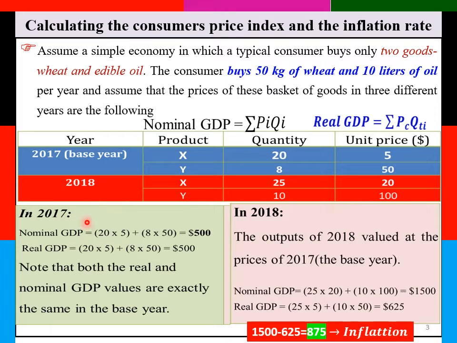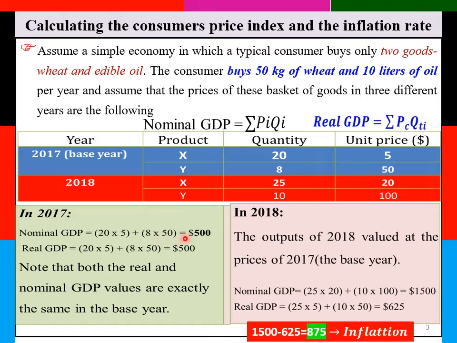First we calculate the nominal GDP of 2017. How can you get nominal GDP? It is the summation of the price and the quantity. Therefore, for commodity X in 2017, it is 20 multiplied by its price 5, 20 times 5, plus the amount of Y produced in 2017, 8, its price is 50.